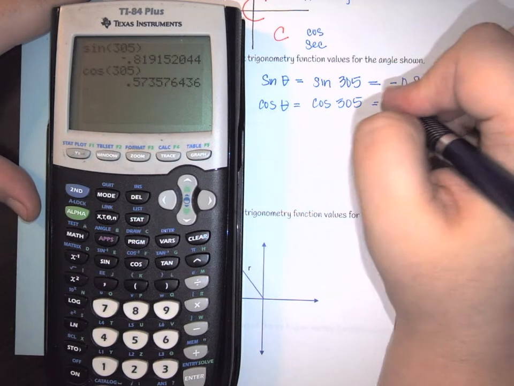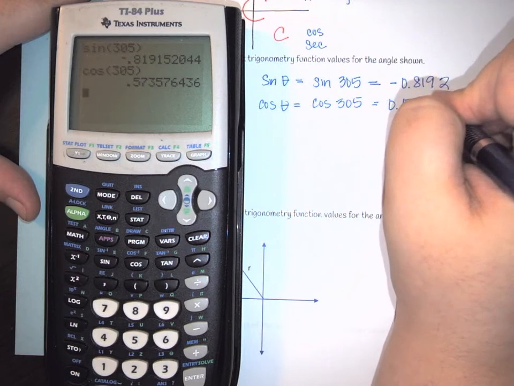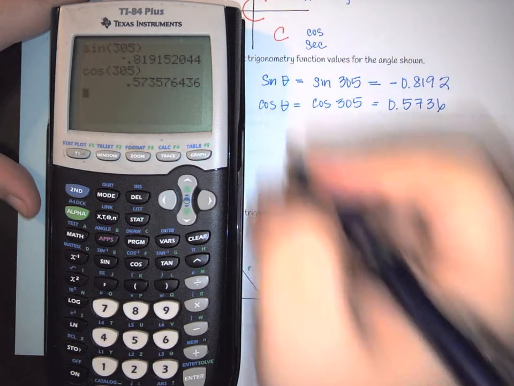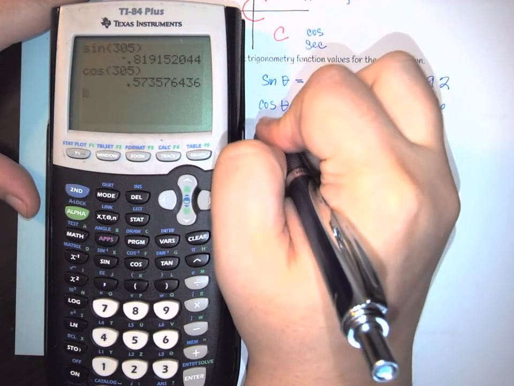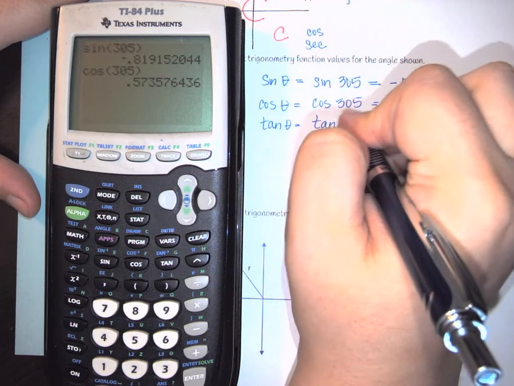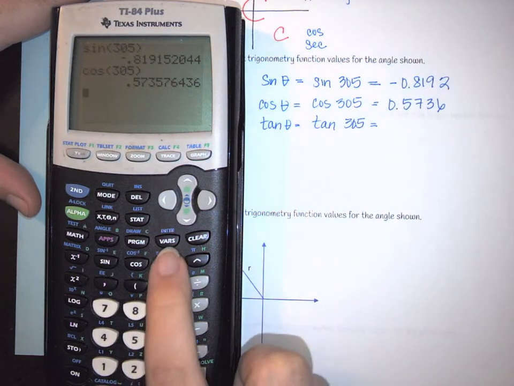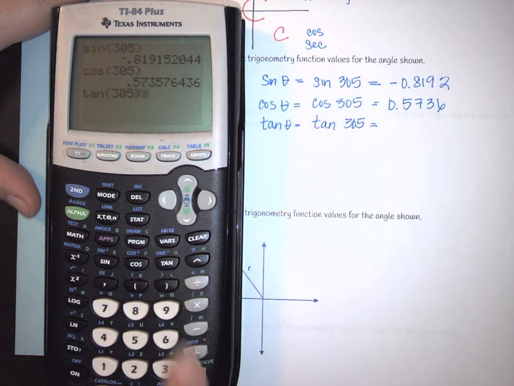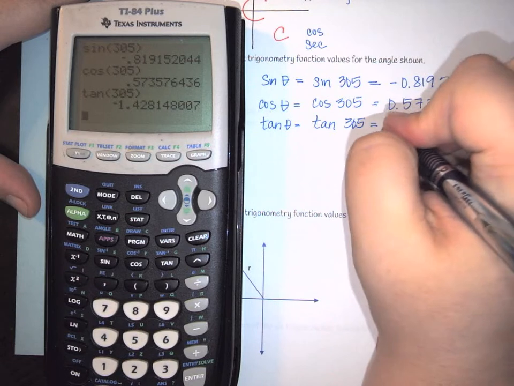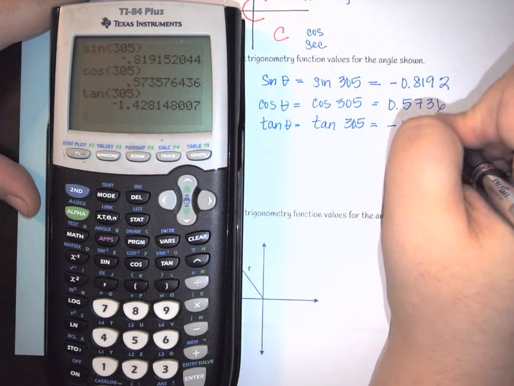So here this is 0.5736. And then I have tangent of my angle. So that's going to be the tangent of 305. So we would hit tangent 305, close it, hit enter, and we get negative 1.4281.